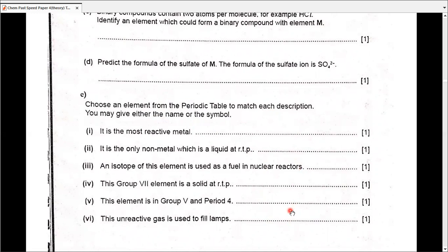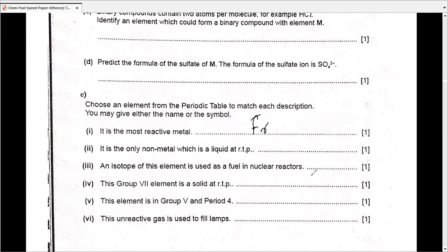Though you won't have your marks cut if you don't, it's better if you go with symmetry. So, one, the most reactive metal. Francium. So, you said francium, right? Yes. Good. Moving on.